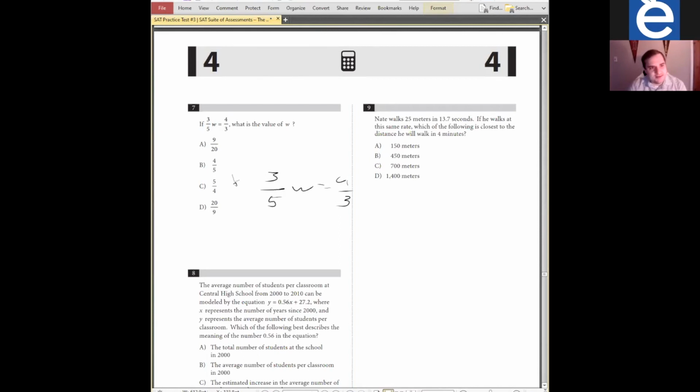We just multiply both sides by 5/3. Those cancel. W is equal to 26ths, which reduces to 10/3. Nope, sorry, 29ths. Bad tutor. 29ths. So the answer there is D. Hooray.